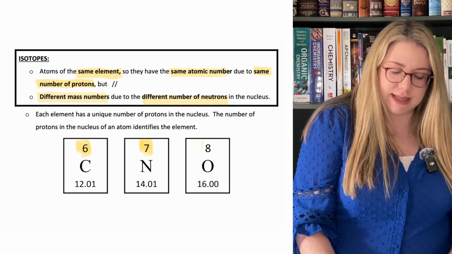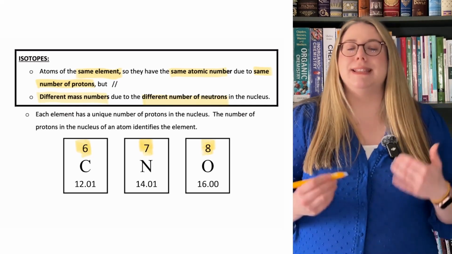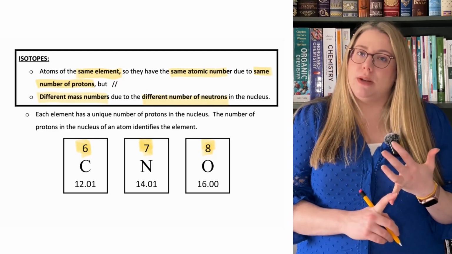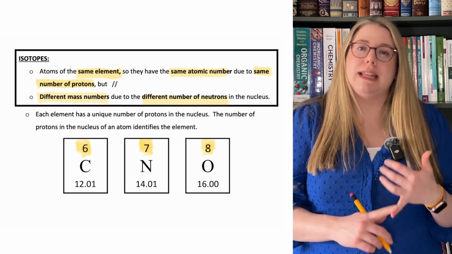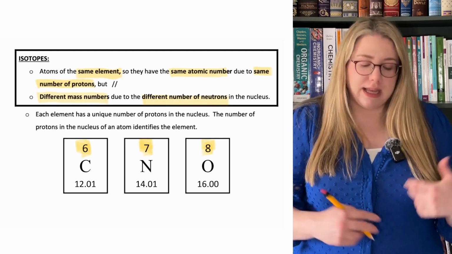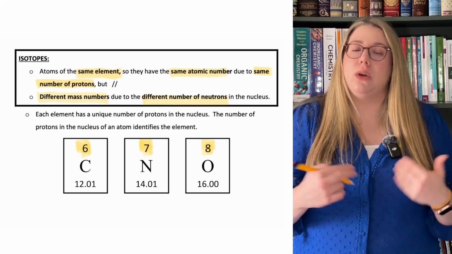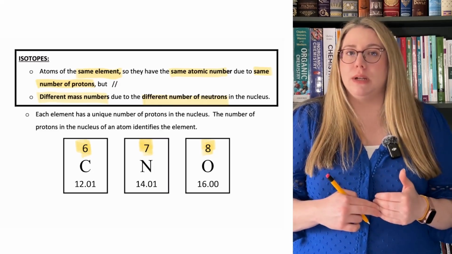Nitrogen's atomic number is 7, and oxygen's atomic number is 8. That means carbon is going to have 6 protons in the nucleus, and it is the only element that has 6 protons in the nucleus. Nitrogen has 7 protons in the nucleus, and it is the only element with 7 protons in the nucleus.